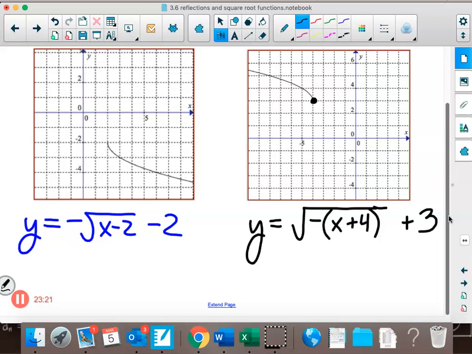It just doesn't, for me, my brain wants to look at it and see the new vertex, the new starting point. Like, I can look at this and say, oh, it's negative 4, 3. And there's a reflection, right? So that's how my brain looks at them. If you want to distribute the negative, that's fine. That's on you. But this is easier for my brain to digest. But I'm fine either way.